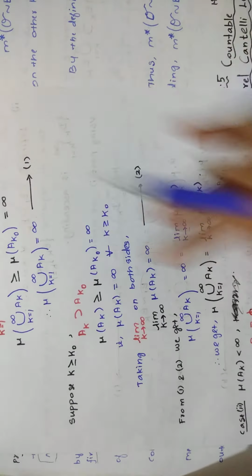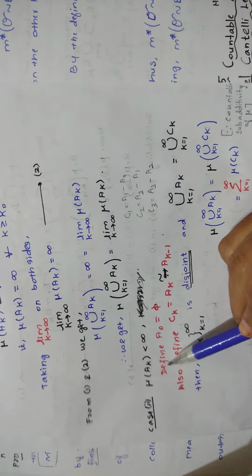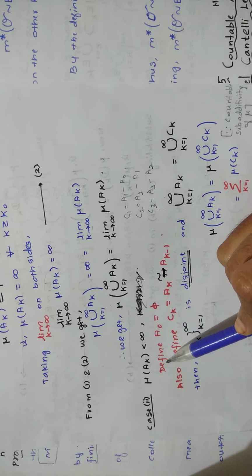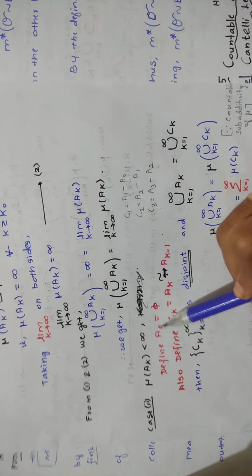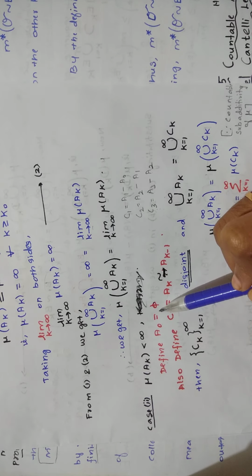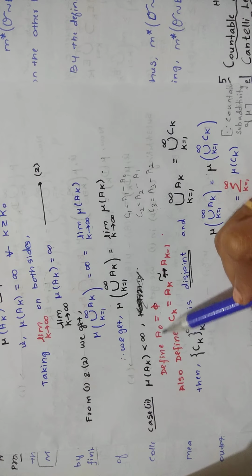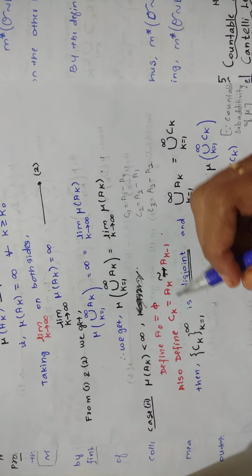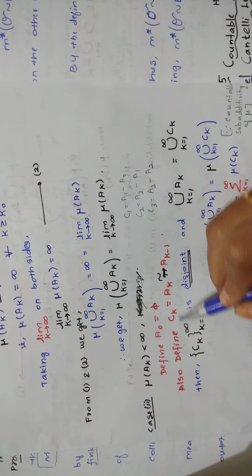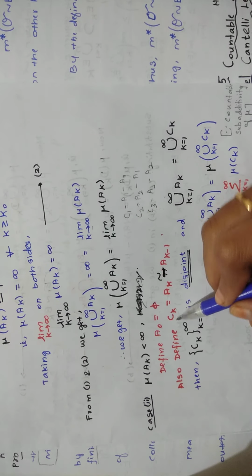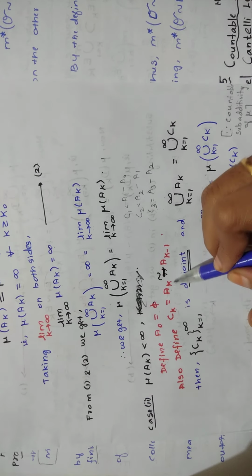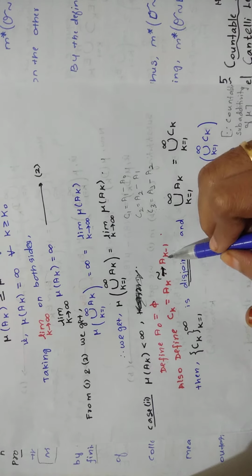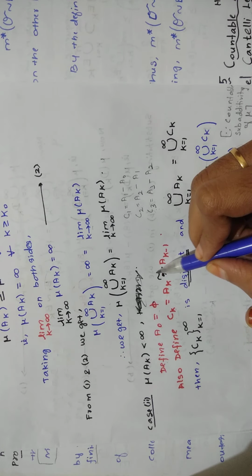In case 2, to prove that, you have to define two things. First one is A_0 equal to empty, the set A_0 equal to empty. And also define C_k equal to A_k difference A_{k-1}. You have to put this.